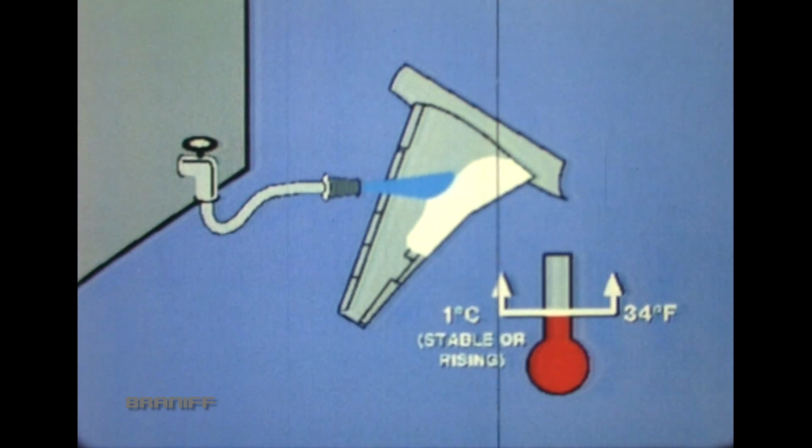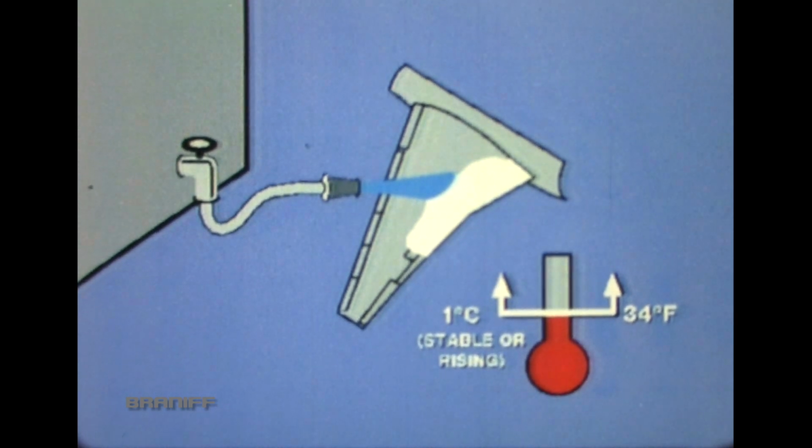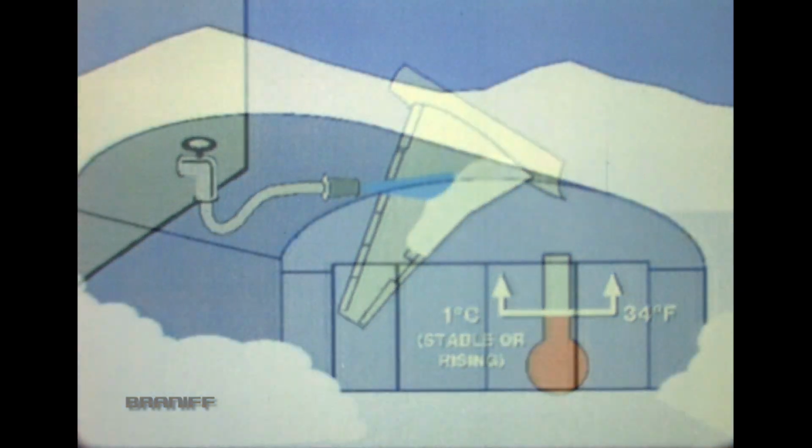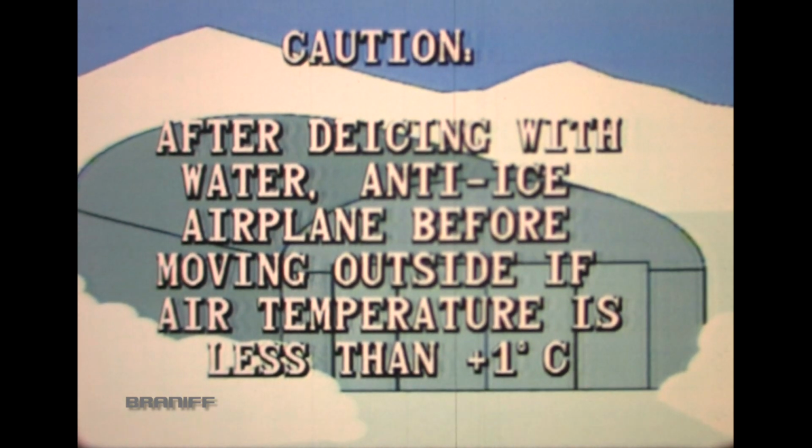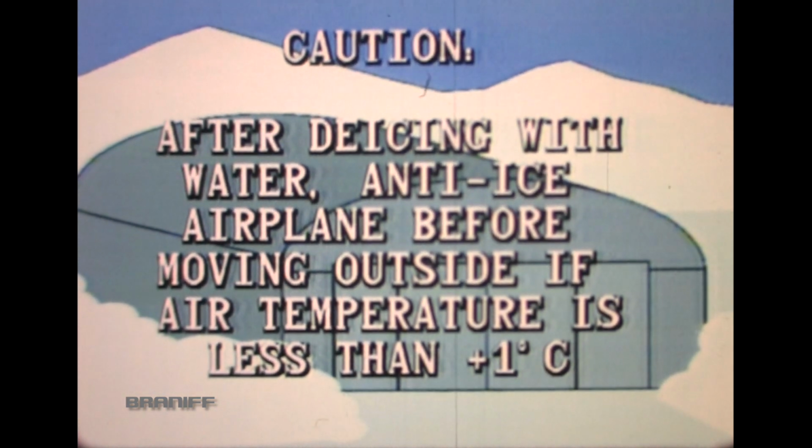Above +1 degree centigrade, unheated water can be used for snow removal only. Unheated water can also be used for ice and snow removal in a heated hangar. However, anti-icing fluid should be applied before moving the airplane outside if the temperature is less than +1 degree centigrade.